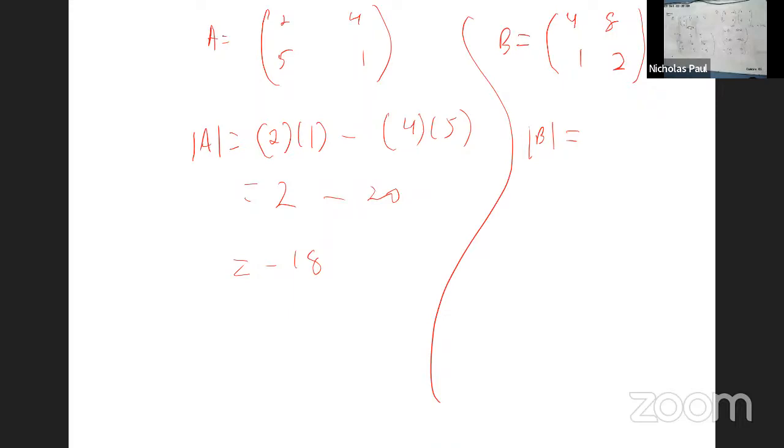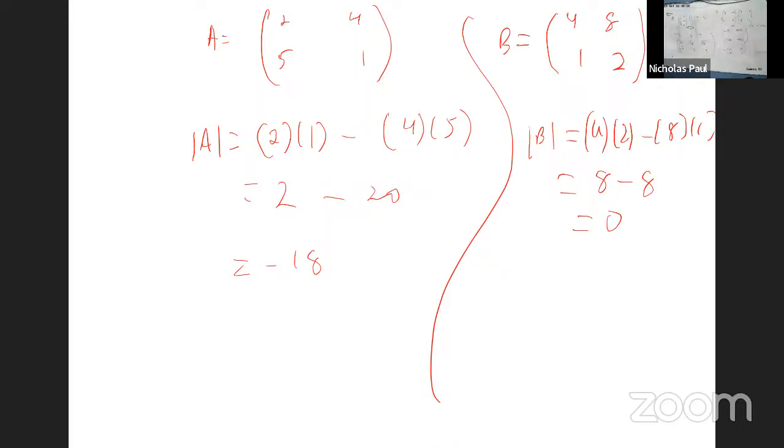How much did you get? 0. So what type of matrix is that? Singular, right? So that's 4 by 2 minus 8 by 1. So that's 8 minus 8, which is 0. So that matrix is singular.